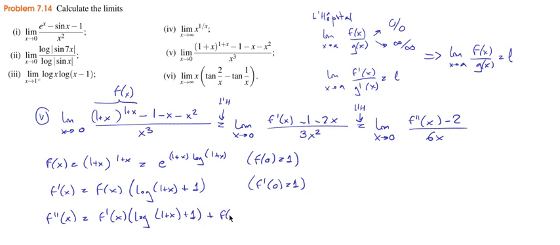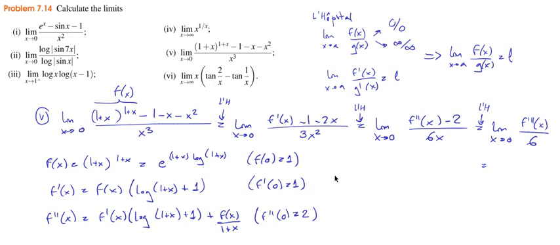Plus, and then f times the derivative of this, but the derivative of this is just 1 over 1 plus x, right? So the second derivative is 1 times 1 plus 1, because the value of f at 0 is 1, so the value is 2, right? And again, this is 0 over 0, we need to differentiate again: the limit when x goes to 0 of the third derivative of f divided by 6, okay?